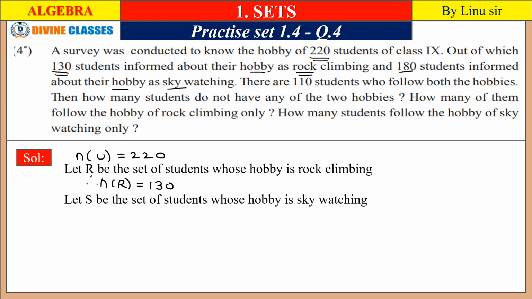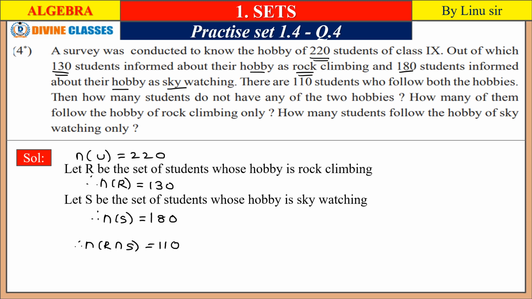So let S be the set of students whose hobby is sky watching. Therefore n(S) will be equal to 180. There are 110 students who follow both the hobbies, that means n(R intersection S) will be equal to 110, right?